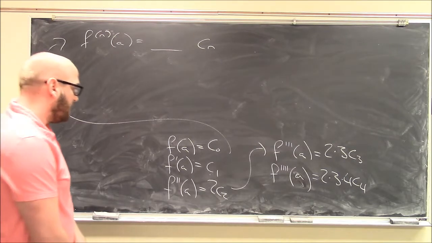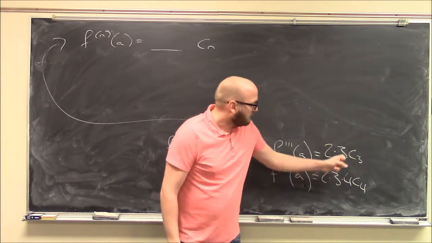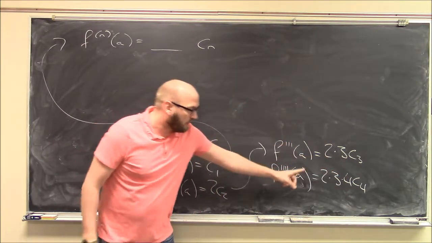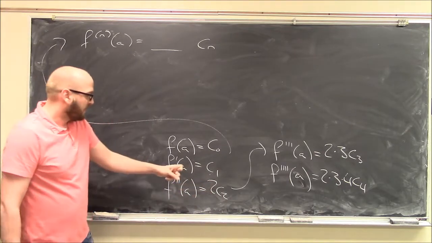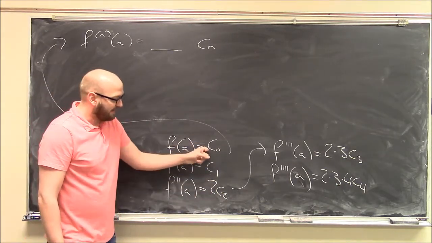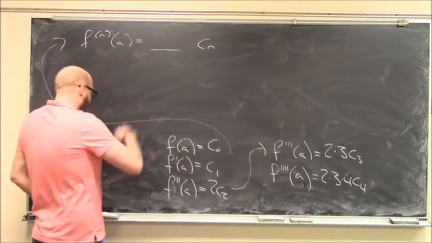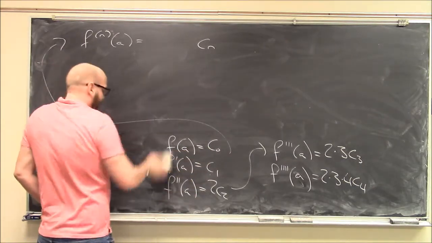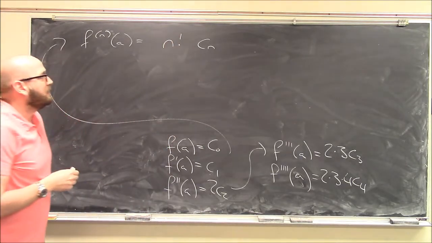What about the coefficient in front? Well, this looks like 4 factorial, right? This is 3 factorial. I just haven't written the 1 in the product here. You can write that as 2 factorial, 1 factorial, and 0 factorial is defined to be 1. So everything works out nicely with patterns. So this is actually n factorial times cn.